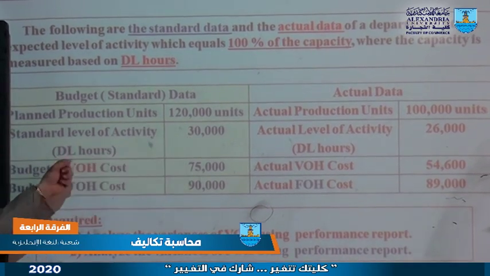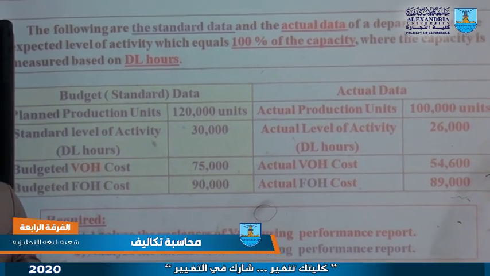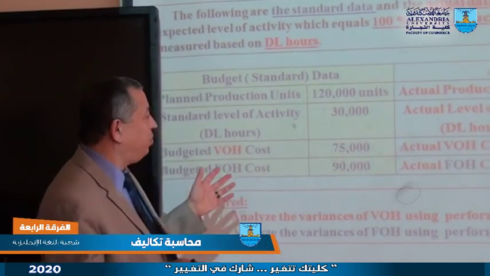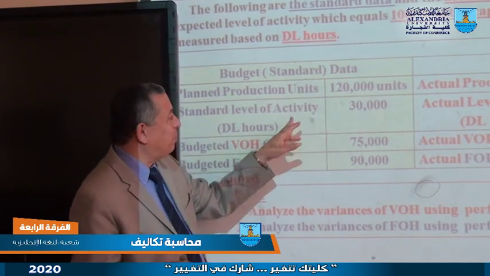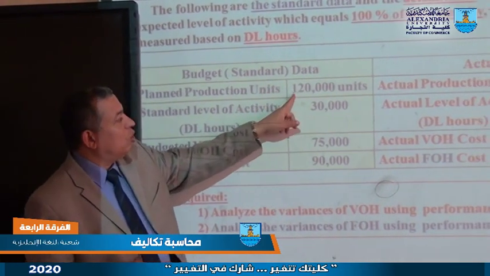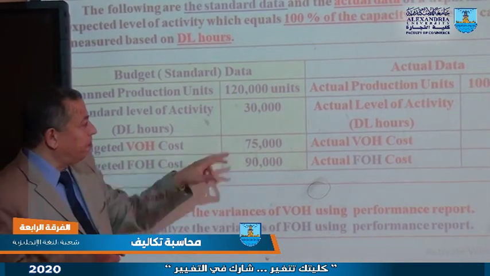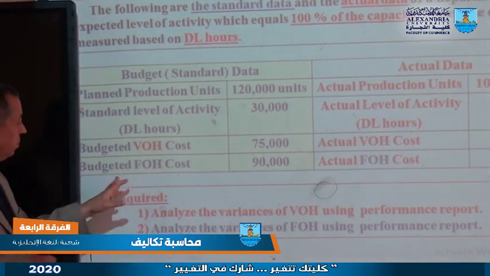30,000 direct labor hours. If you remember in the previous lecture, I told you I have 1.2 hours per unit. But here I don't speak about how many hours per unit, I speak about my activity. If my production is 120 units, it needs 30,000 direct labor hours.